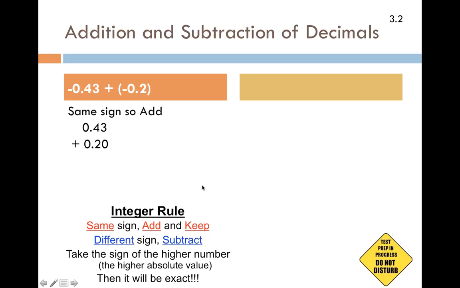So we've got 43 and 20 that get added together. Because they have the same sign, we're adding them. Now notice how we're making sure that those decimals are lined up vertically. Then we're going to add the same digits that are in the same place value, because that's a basic definition that will always hold true.